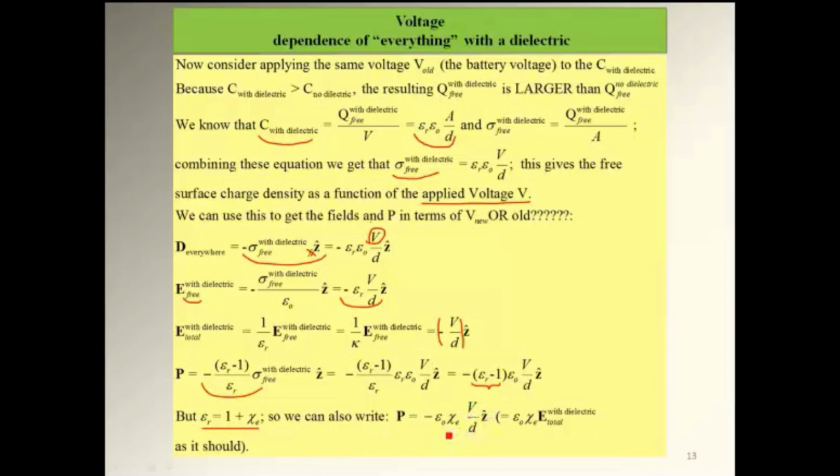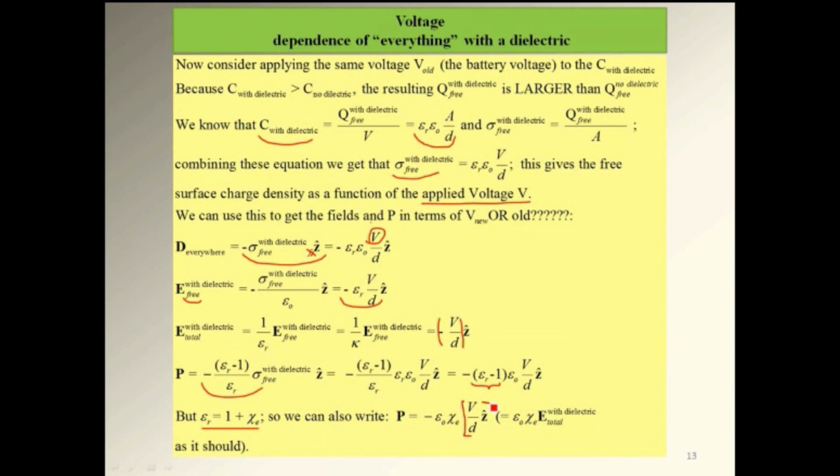Let me just clarify. This comes about by taking this P and putting in epsilon r equal to 1 plus chi sub E. What that equals is epsilon 0 chi sub E times E with the dielectric total. And that is right here.